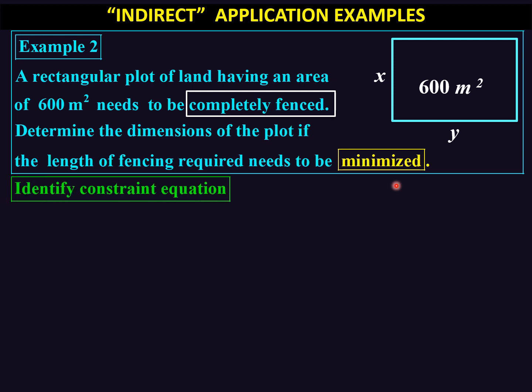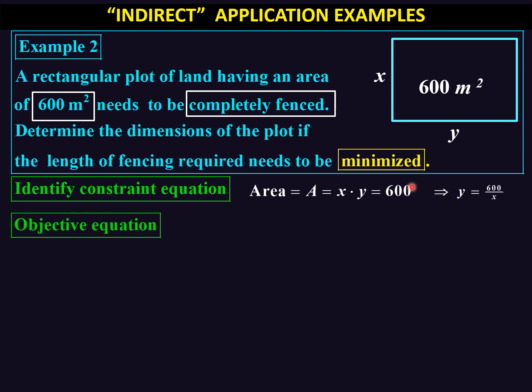Now let's start. First of all, we need to identify the constraint, the given information. What is given there? 600 meters squared. What is that? The area. What's the area of a rectangle? Length times breadth. In this case, xy equal to 600. So we can either make the x or the y the subject. Let's make y the subject. So y is equal to 600 divided by x. Now what is our objective? The perimeter, right?